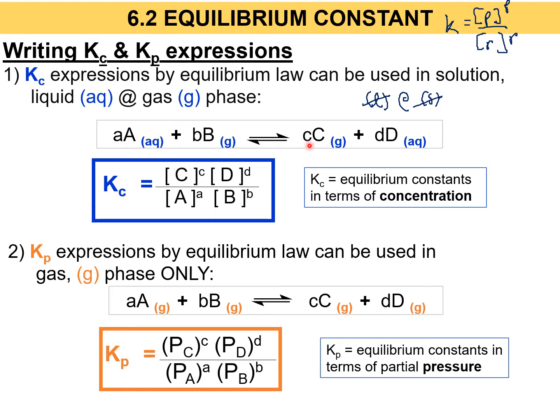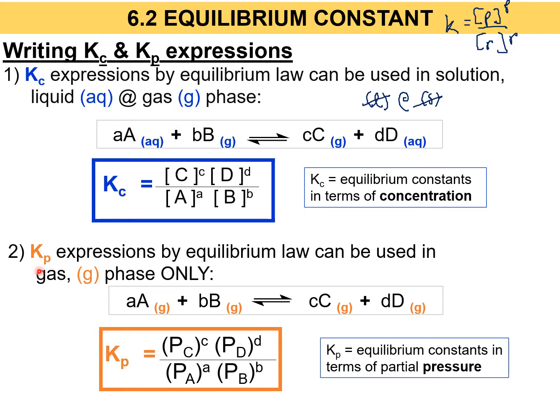So you buat dalam kurungan concentration of product to the power of product divided by concentration of reactant to the power of reactant. Dengan syarat, kalau you nak guna Kc expression ni, tak kisahlah di bahagian reactant atau produk, hanya aqueous ataupun gas phase sahaja yang boleh diterima.